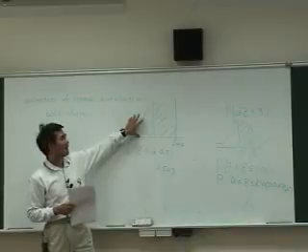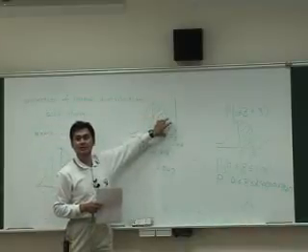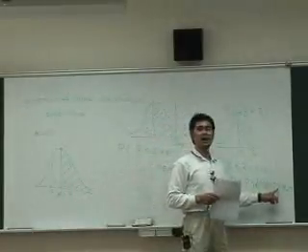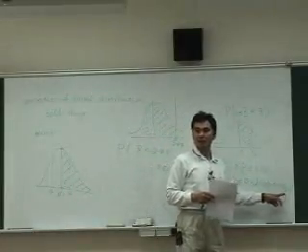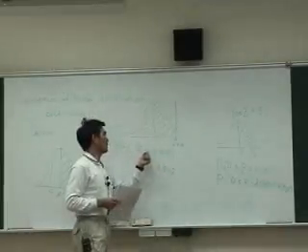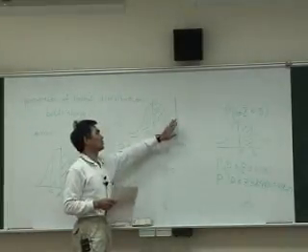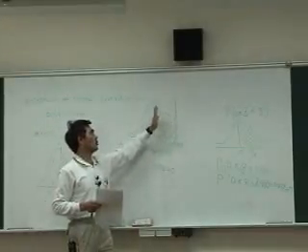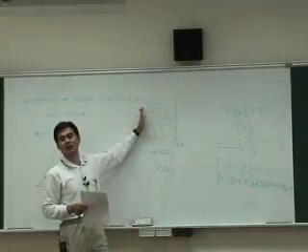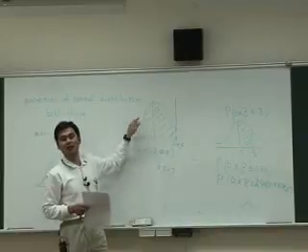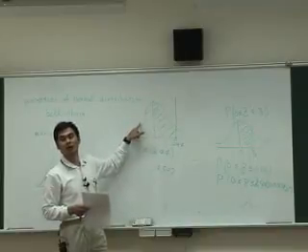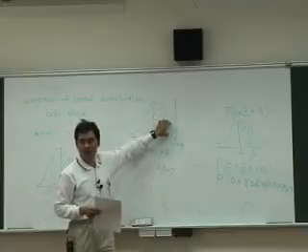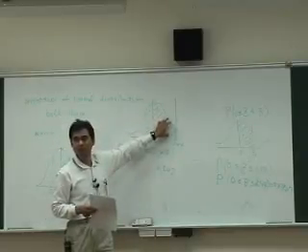This area plus this area should be equal to 0.9927, because Z less than 2.44 is the area to the left. So it is this whole half plus this area, and this half is equal to 0.5. Do you get it?